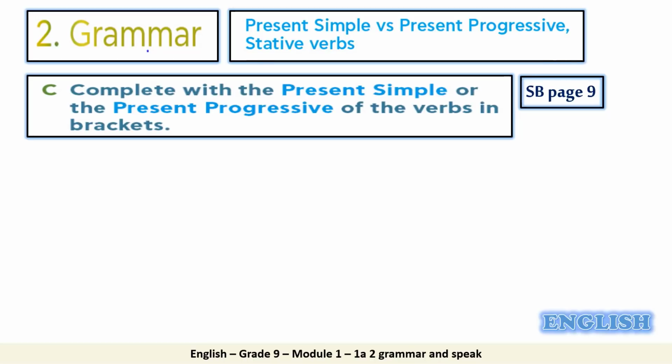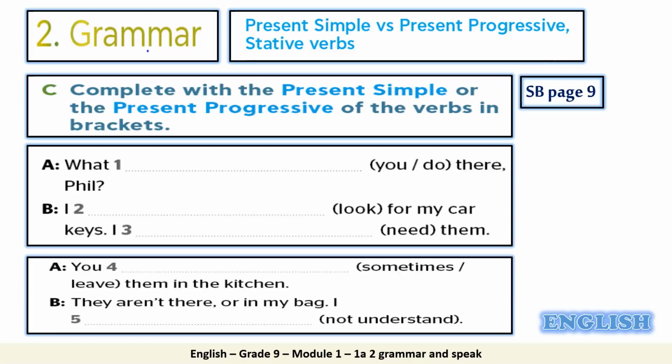Exercise C. Complete with the present simple or the present progressive of the verbs in brackets. Let's answer 1, 2, and 3. What are you doing there, Phil? Here we used present progressive because he's asking Phil about what he's doing now.